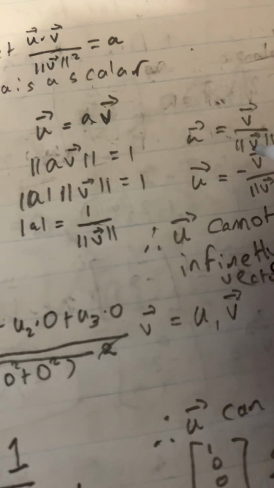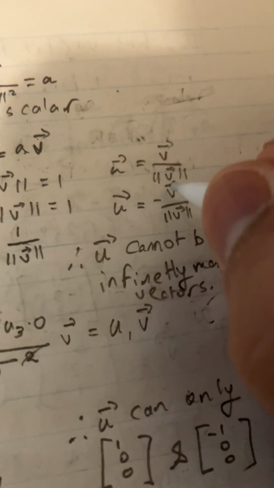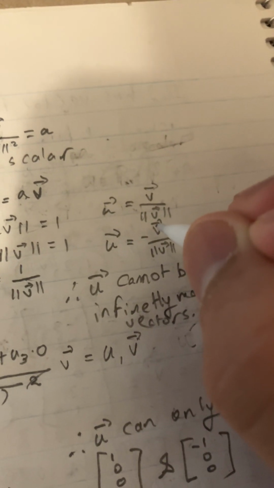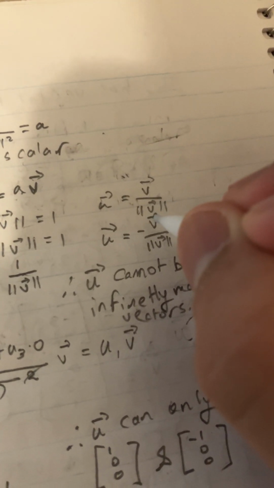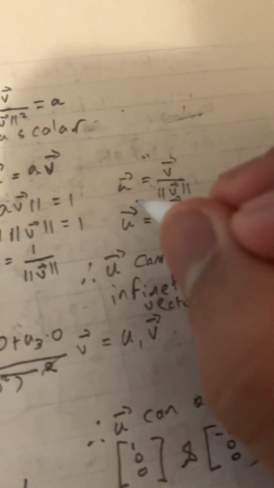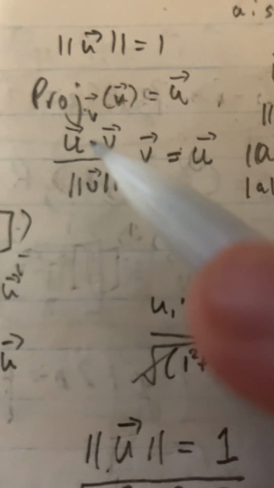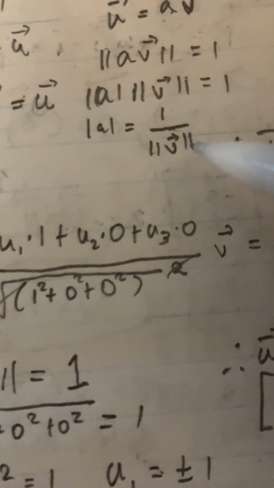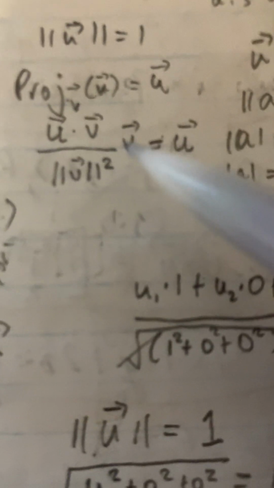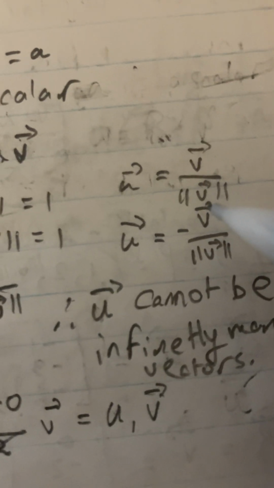Then u is going to be this times v, because we can substitute a back into the equation. Since a is 1 divided by the magnitude of v, u is going to be v divided by the magnitude of v, and the negative value also, because this is an absolute value, so it's going to be plus and minus.